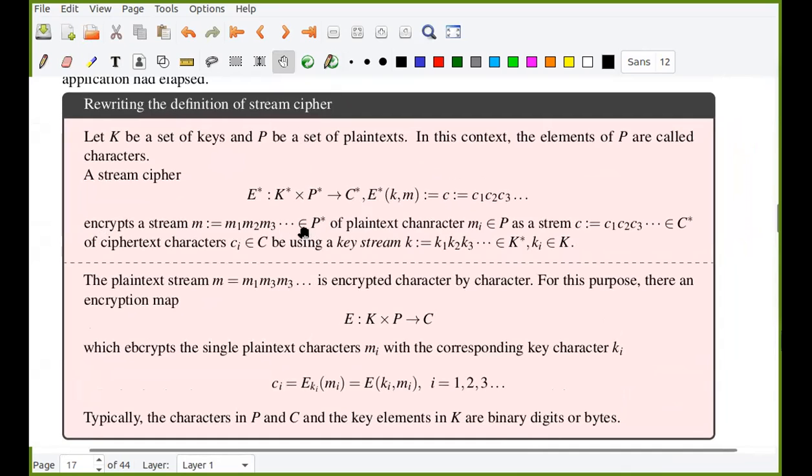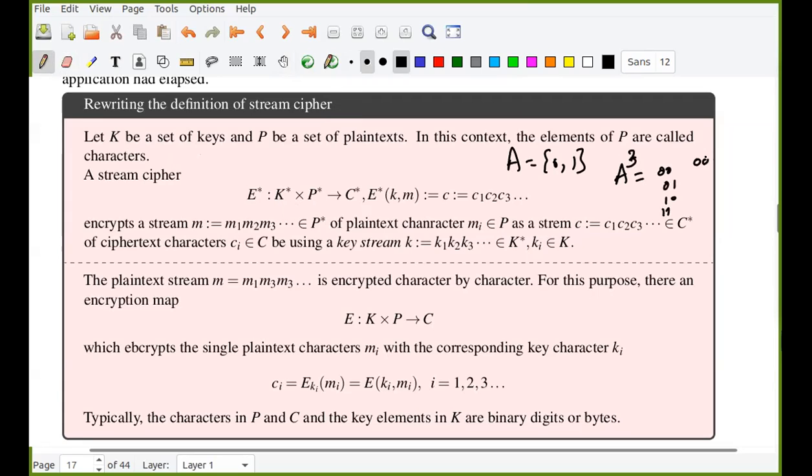Before continuing, what is K star? K is a set of keys. K star is, see, we have some alphabet, for example A equals {0, 1}. A square is 00, 01, 10, 11.